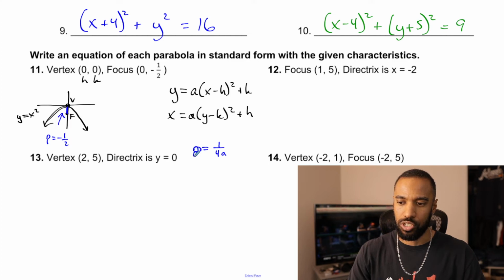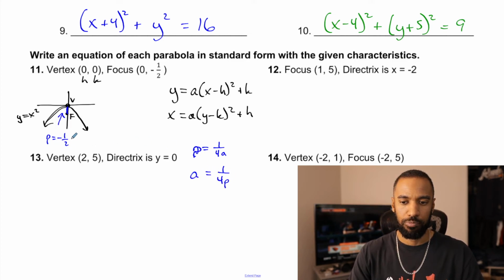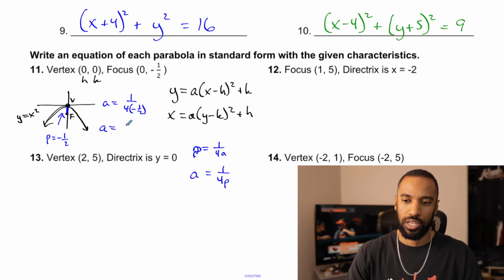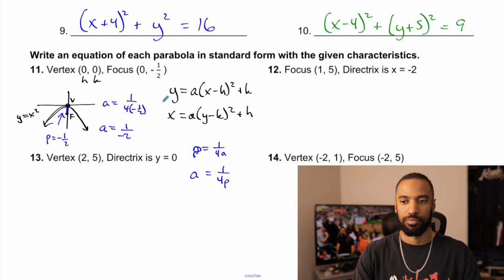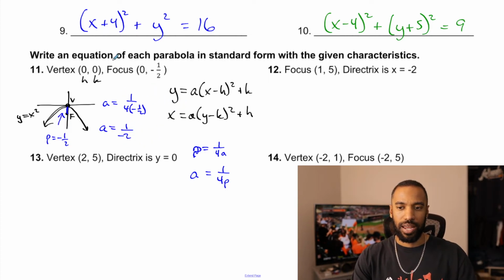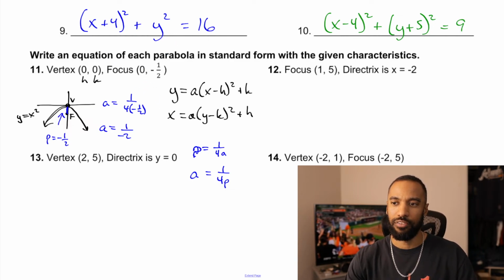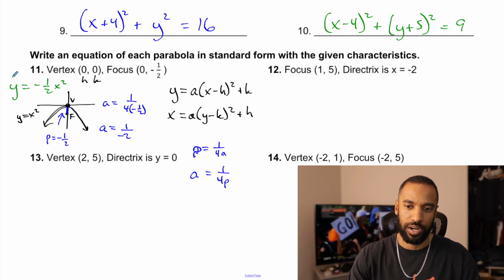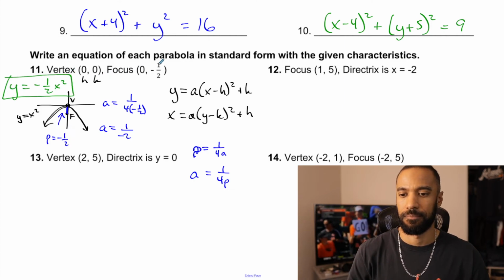It also just happens to be that a = 1/(4p). So if p is -1/2, then a is 1/4 times -1/2, which is -1/2. So your a is -1/2, your vertex is (0, 0), and the equation is y = -1/2 x². That's it.